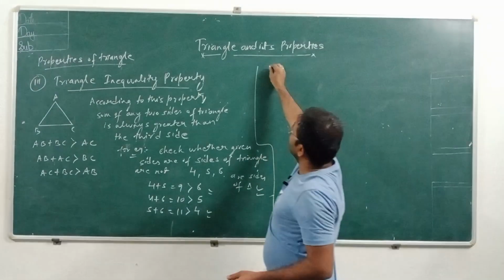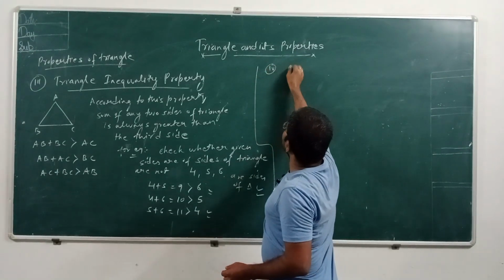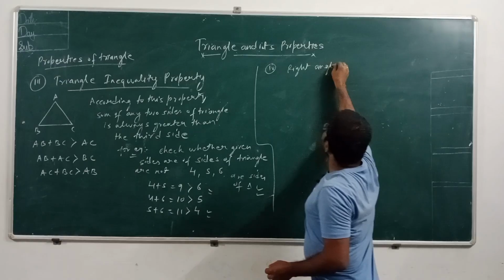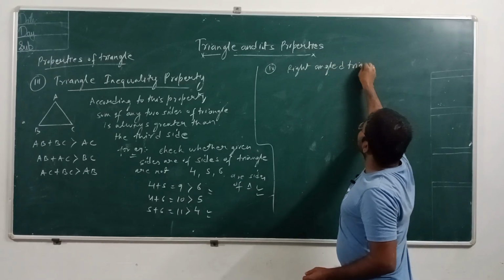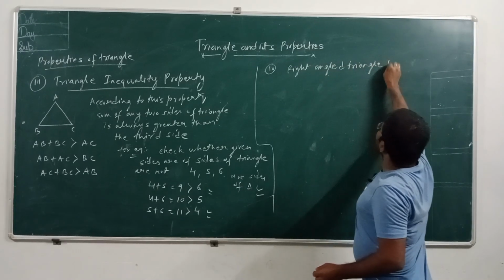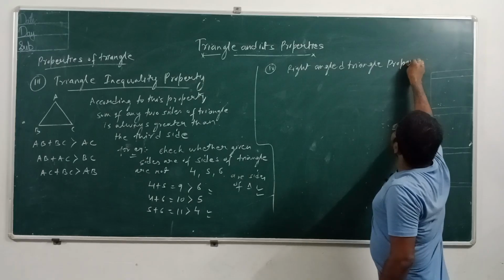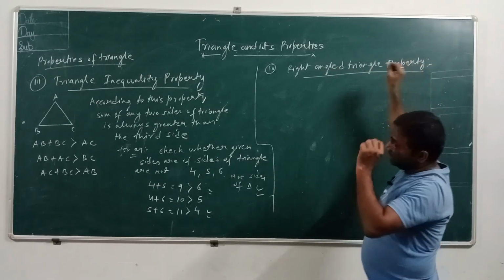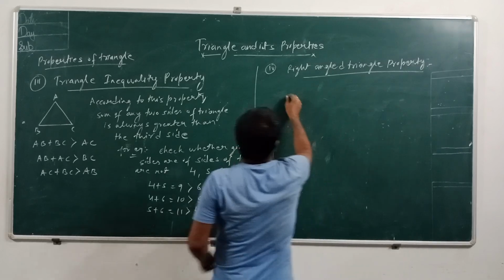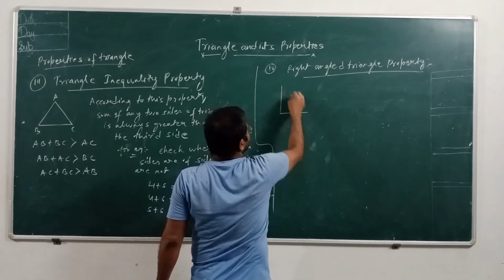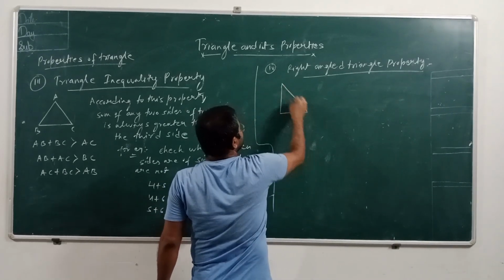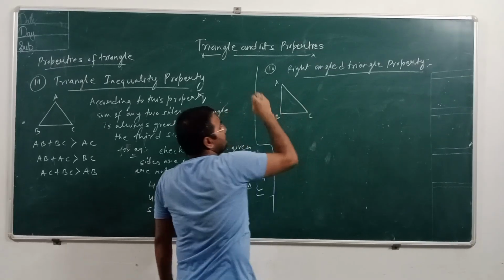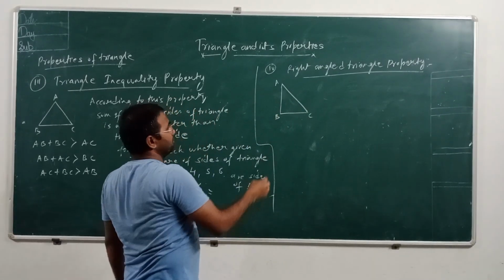Now see the fourth property. The fourth property is the right angled triangle property. This property talks about a right angle triangle, which is a triangle in which any one angle is 90 degrees.